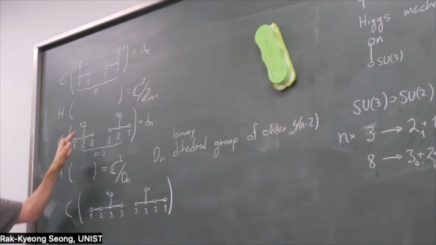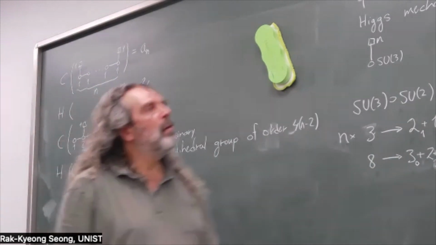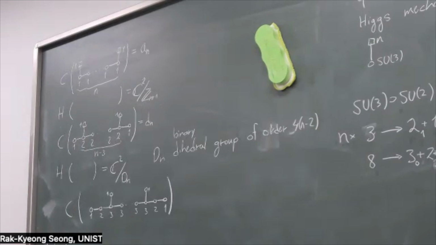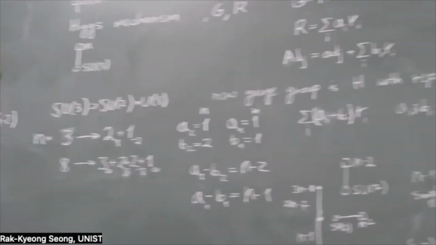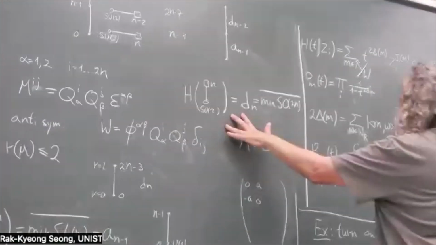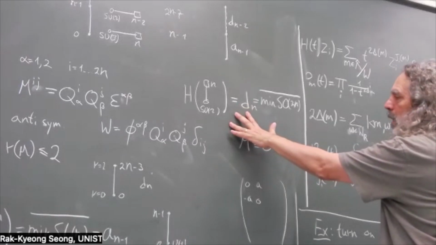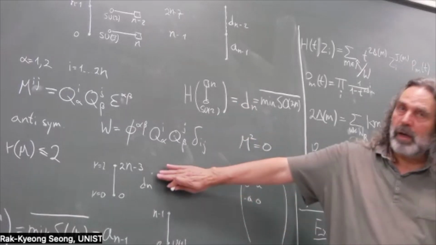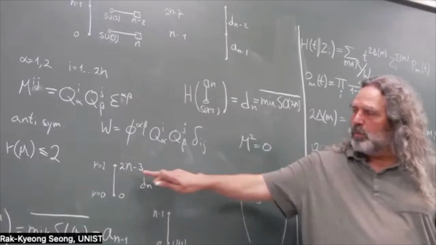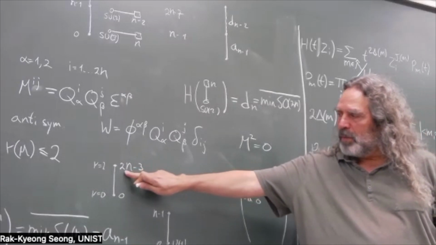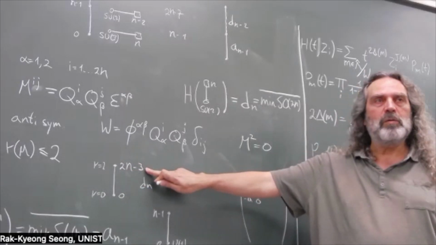And I add 3 more. So 2n minus 3. And indeed, when we wrote down this Higgs branch, or this diagram, the dimension is 2n minus 3. The number of hypers minus the number of vectors.